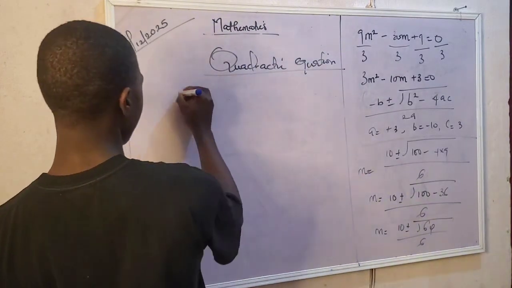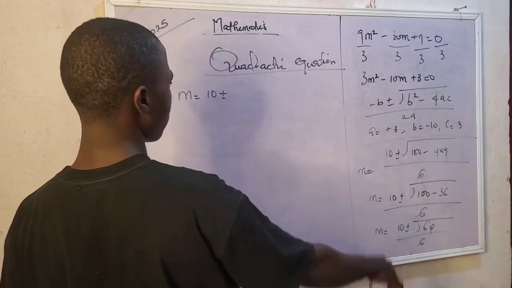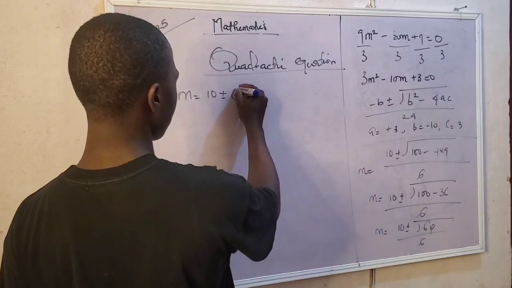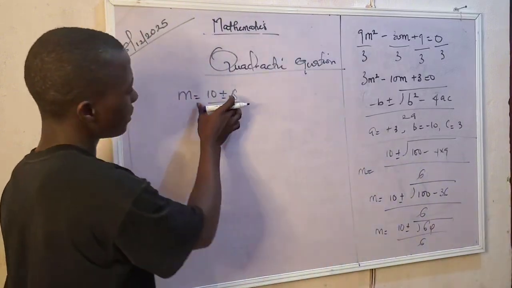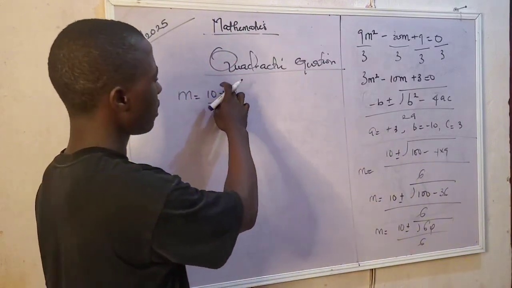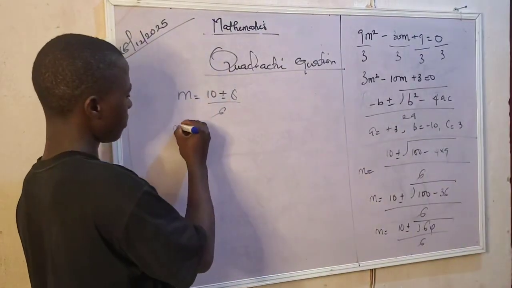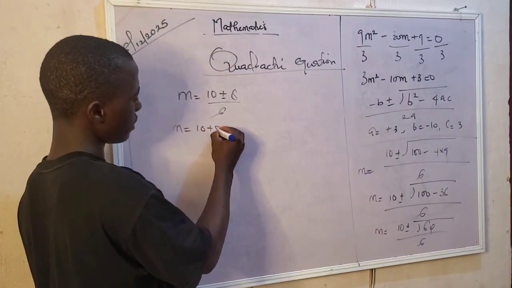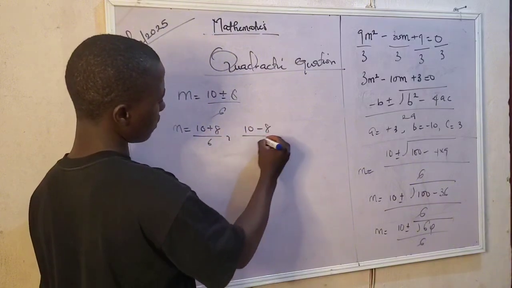The square root of 64 is 8, all over 6. So we split this up into a positive sign and a negative sign, and work it out for both. So m equals 10 plus 8 all over 6, and 10 minus 8 all over 6.